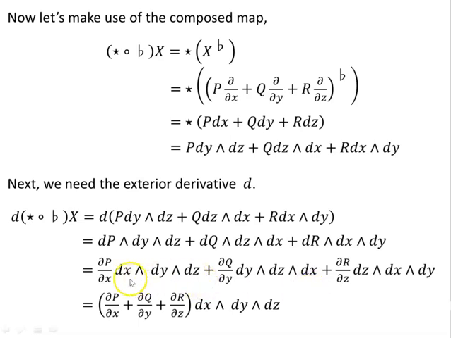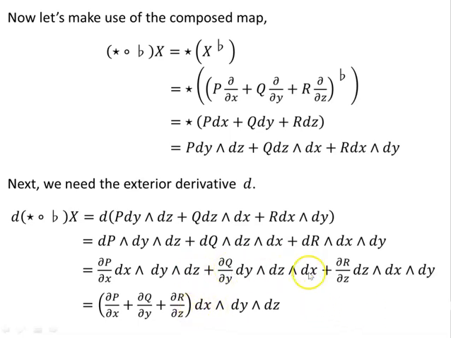I've jumped a step here because we're going to express in terms of dx wedge dy wedge dz. We're going to pull out these partial p over partial x and so on. But if you notice, we have dy wedge dz and we have dx over here. To move dx here, move one step, minus sign, move one more, another minus. That's two steps, so we get an even number of moves.